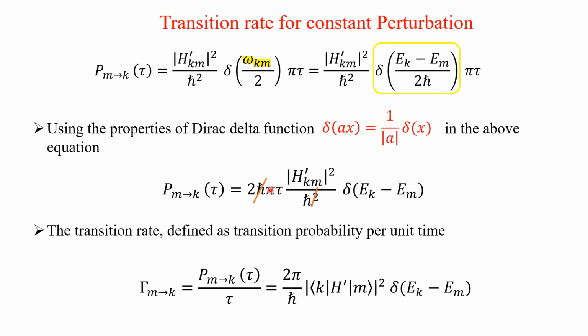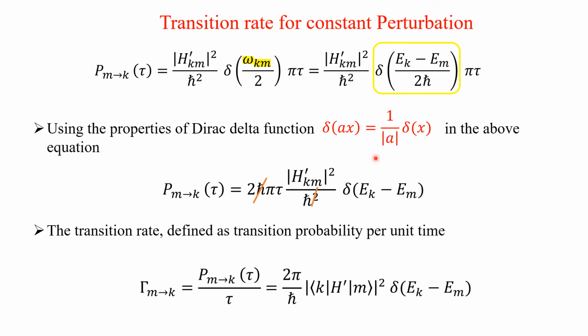So 2 h cross pi tau, modulus h prime km square divided by h cross squared, into delta ek minus em.